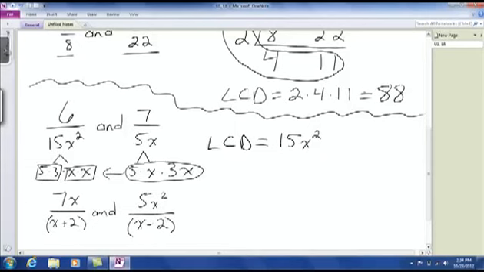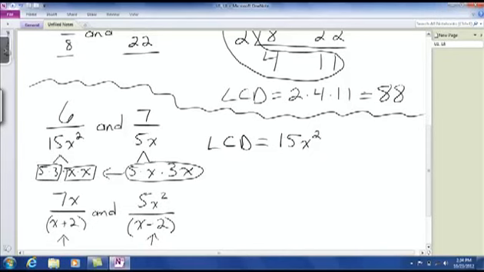Well, these don't share anything in common. We don't know what x is, and it doesn't matter what x is, because these are not going to be the same things. Pick a value for x. Pick 0 for x. Then this one over here is 2 and this one's negative 2. If x is 3, then this one is going to be 5 and this one's going to be 1.